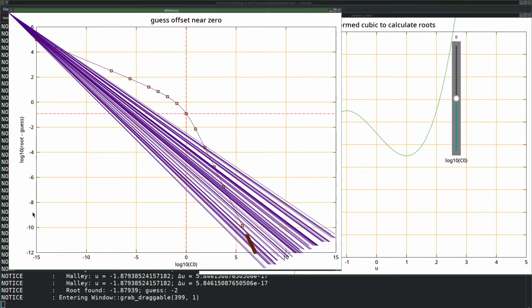Okay, well, if you read the description that I wrote for this video, then you might understand why I'm confused. I had calculated that for large C0, a good approximation is minus the cube root of C0 plus 1 divided by the cube root of C0. And if you fill that in, you get minus 1 divided by C0.